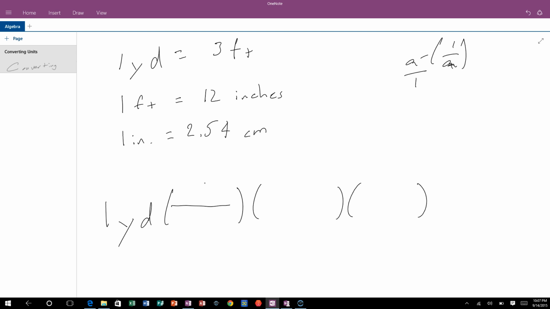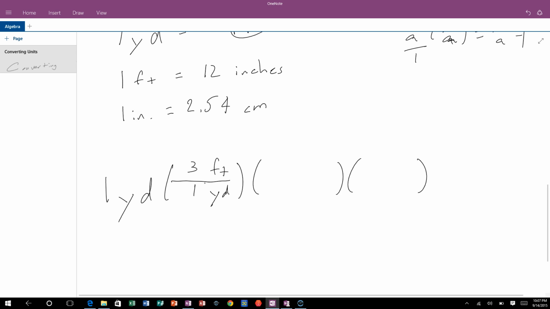So you've really got a over 1 times 1 over a, which gives us, again, a over a, which we said was 1, which is what we want, because then that a goes away. So we want to put yards down here. And what do we know that yards is connected to? Well, it's connected to feet, so I can put that up top. And I've got 3 feet per 1 yard.